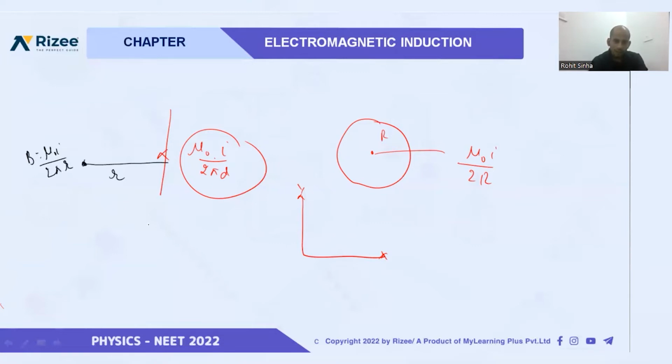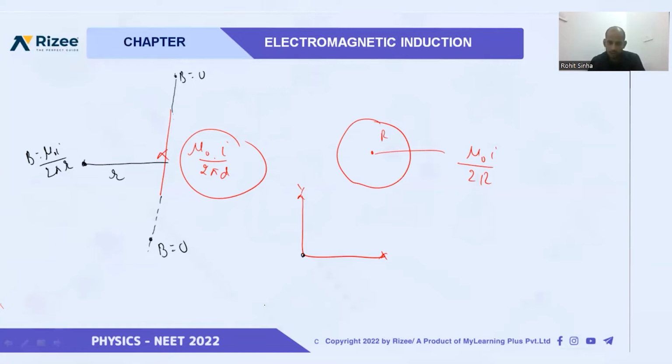If we have to find the magnetic field in the direction of the current only, in the line of the current, anywhere in the line of the wire, then the magnetic field is always 0 at any of these points.